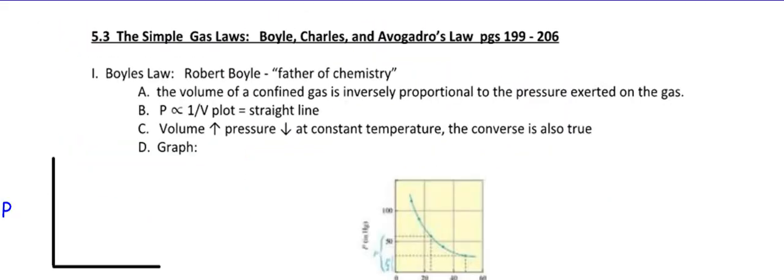All right, so we have the simple gas laws: Boyle's, Charles's, and Avogadro's. These are things that you should have seen from first year chemistry. But what is happening with this section? You're looking at relationships, and here we want to talk about direct or indirect relationships. What does that mean? As one variable goes up, the other one goes up. Or as one goes up, the other one goes down.